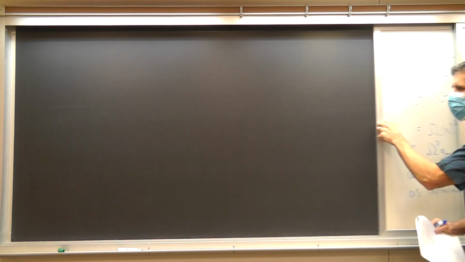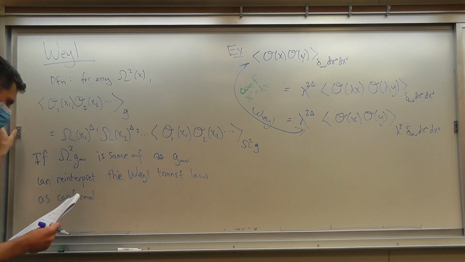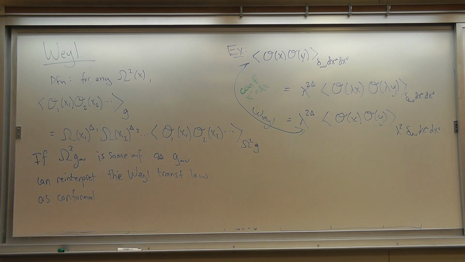Tom? Yeah. Is there a state involved here? Is there what? A state. No. It's an operator equation. I see. And that's why CFTs in curved space are basically as powerful as CFTs in flat space.